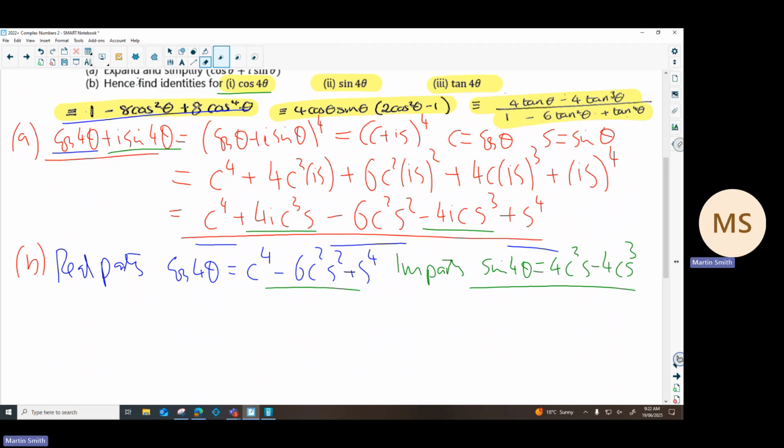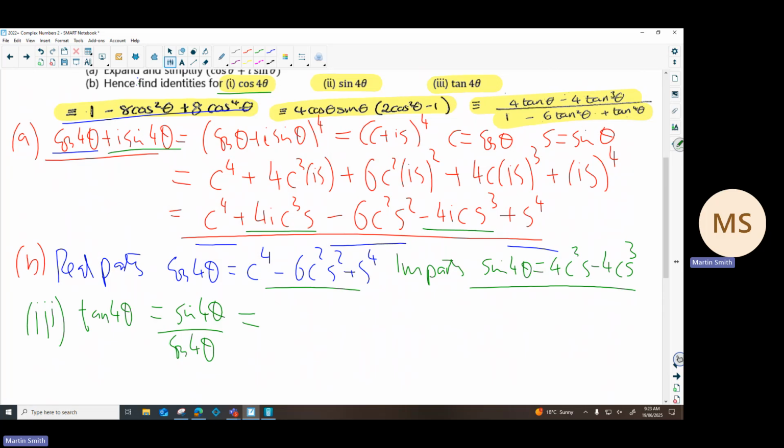Earlier, I wrote down formulas for cos 4 theta and sine 4 theta. To get the expression for tan 4 theta, you want to divide those two formulas, and you need to do that before you start simplifying them using sine squared plus cos squared is 1. So by standard trig identity results, we know that tan 4 theta is sine 4 theta divided by cos 4 theta.